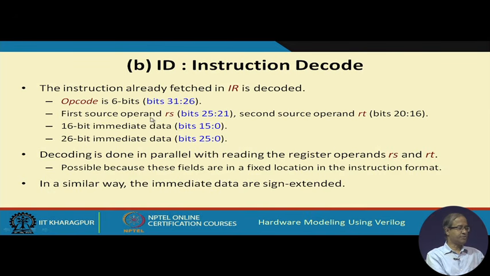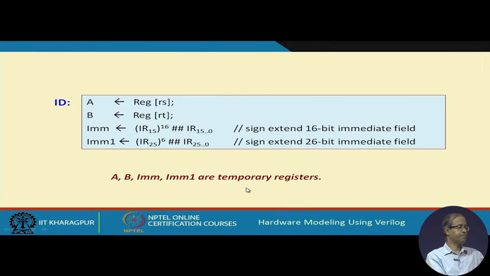The first source operand will be in bit number 21 to 25, and the second source operand in bit number 16 to 20. 16 bit immediate data is 0 to 15, and the 26 bit immediate data is for the jump instruction, we are not using this, so ignore this for the timing. So, decoding and register prefetching of RS and RT will go on in parallel. Similarly, immediate data will be sign extended. Let us see what happens.